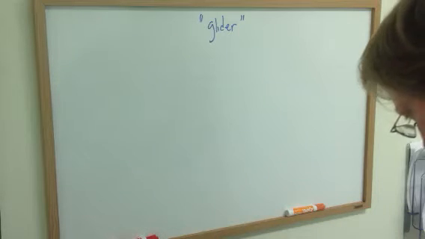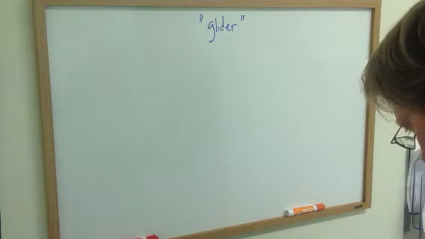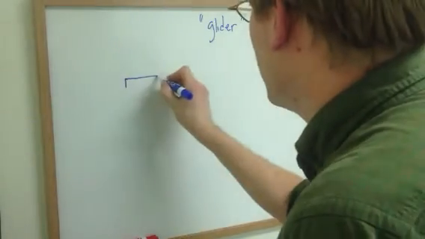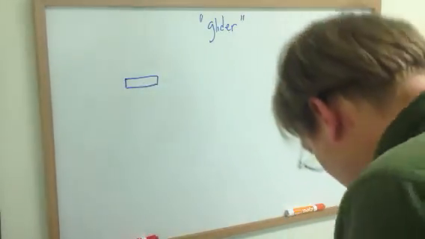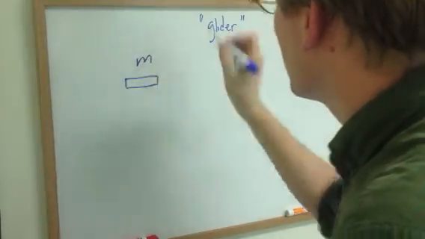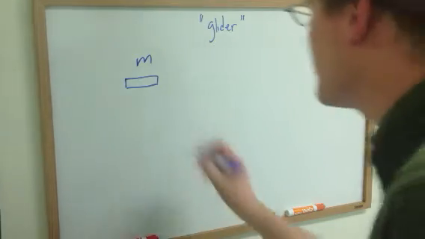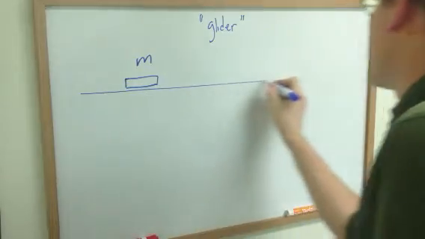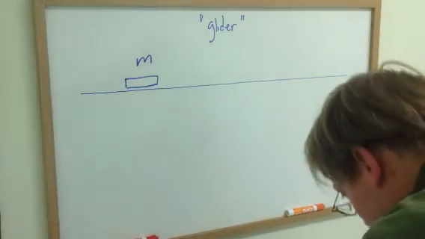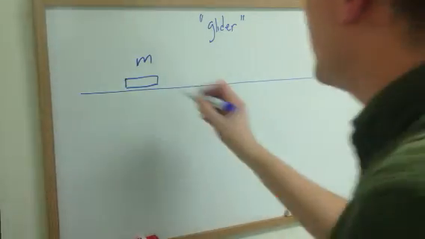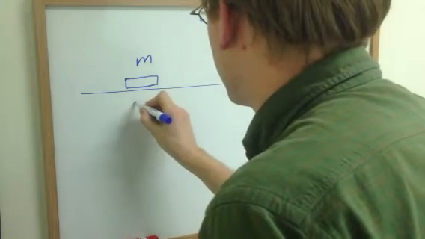So this is a simple question about an air hockey puck or a glider with some mass moving along a frictionless surface, and it has an initial velocity.